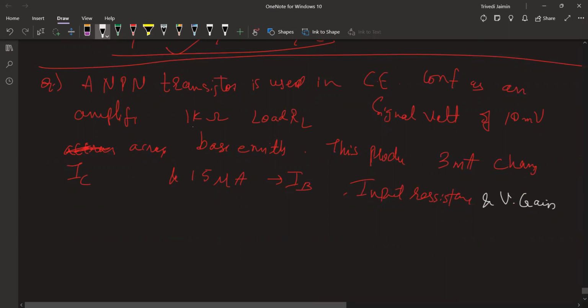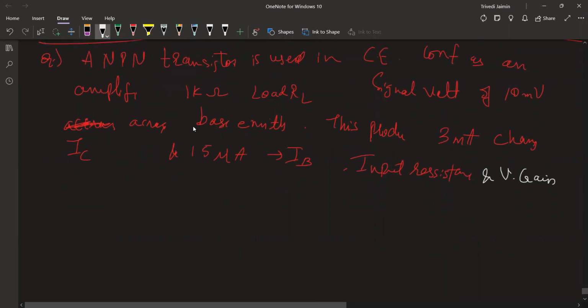Okay, let me solve because we don't have much time here. You have maths class, I think so. So the things: 1 kilo ohm, 10 millivolt.